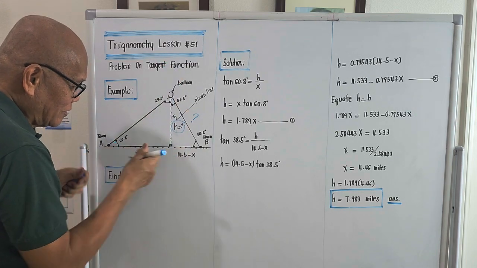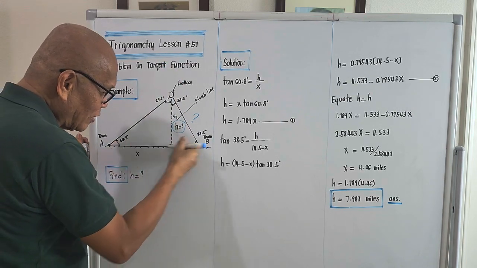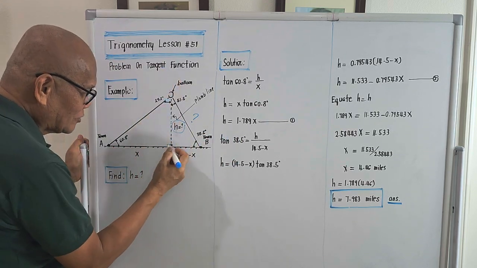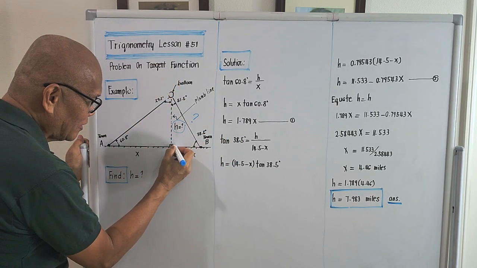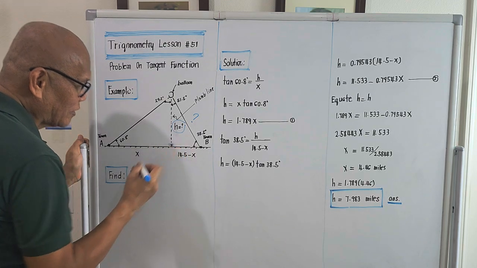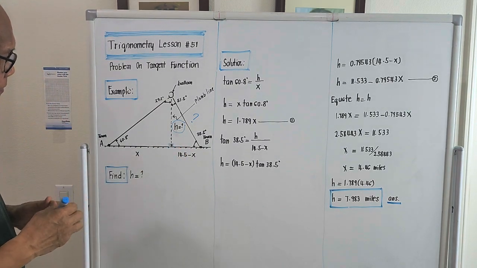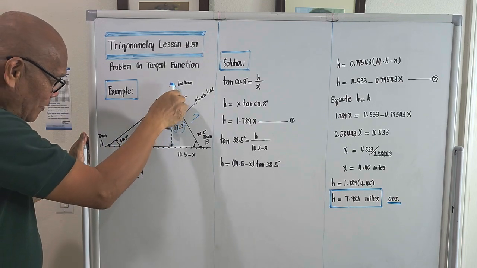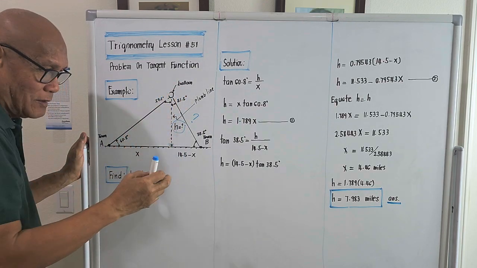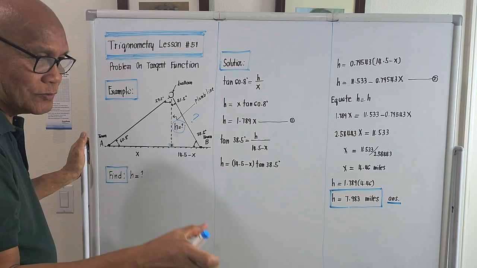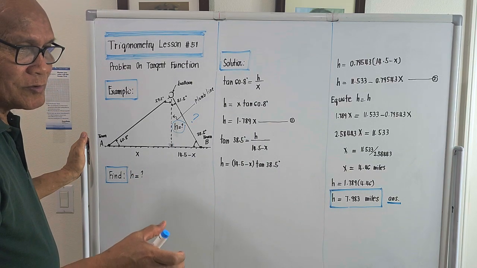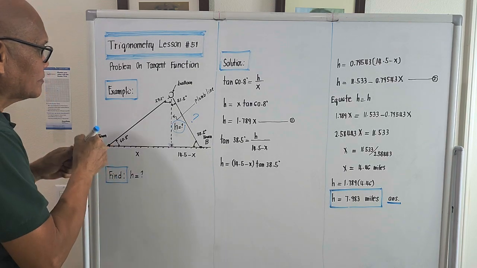We assume the ground is horizontal and the plumb line is vertical, so this is a 90-degree angle and this is a 90-degree angle. So the original oblique triangle, upon dropping the plumb line, now comprises two right triangles. We can solve this by using the tangent function.